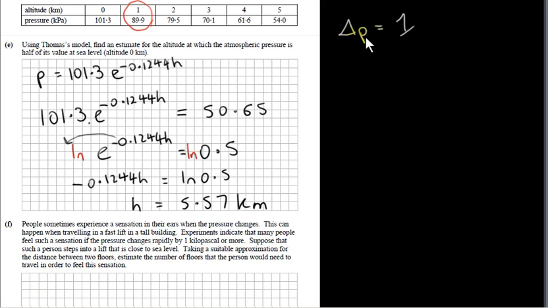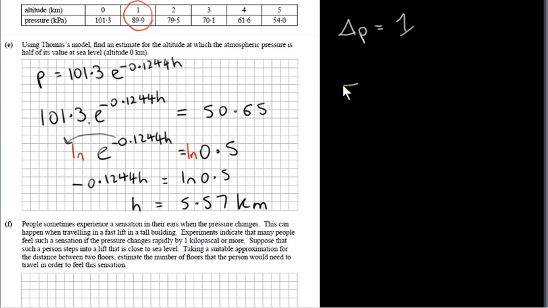We want the change in the pressure, which we can write delta P, to be 1 kilopascal. So the person steps into a lift that is close to sea level. That means that the pressure is 101.3 kilopascals. That's what it is at an altitude of 0, which is sea level.